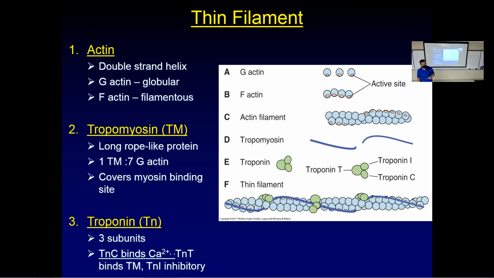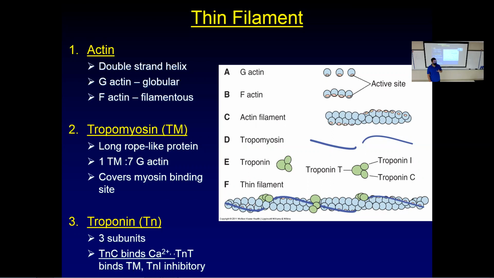And the troponin C subunit will bind calcium. Specifically, it binds calcium that has likely been released from the sarcoplasmic reticulum, okay? So we're going to get our signals all the way down into the muscle. We're going to release calcium. It's going to bind to the troponin. That's going to cause what's called a conformational change, okay?